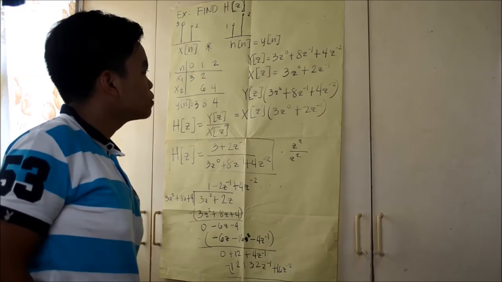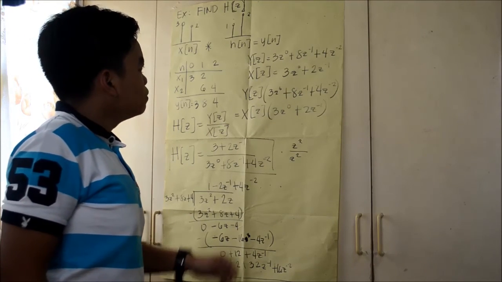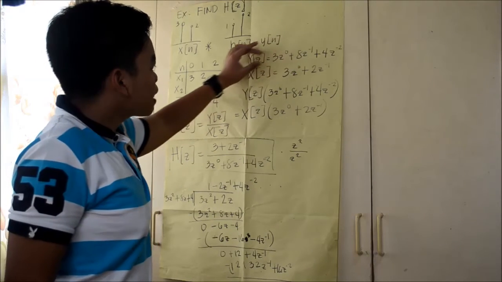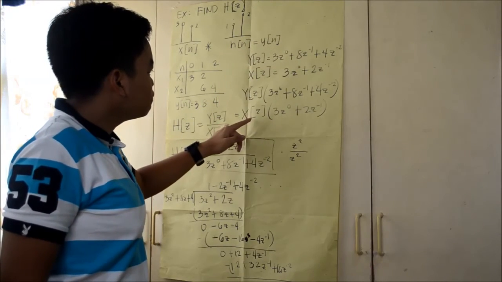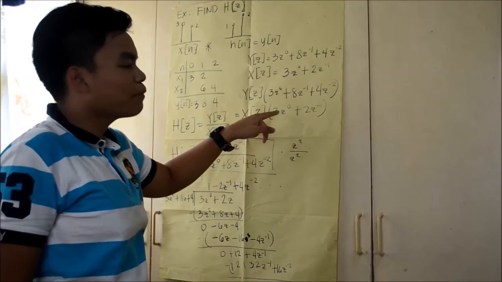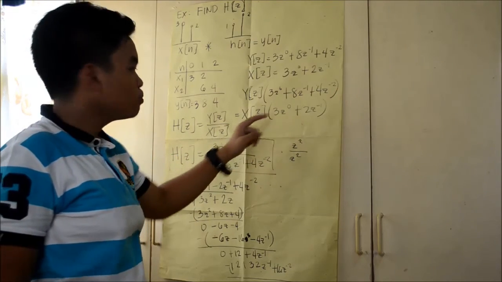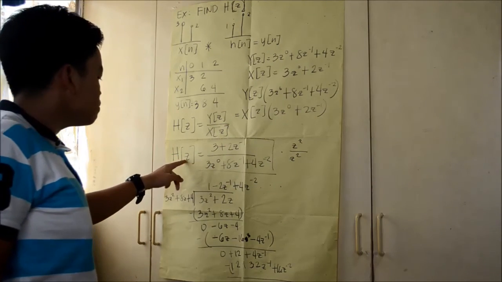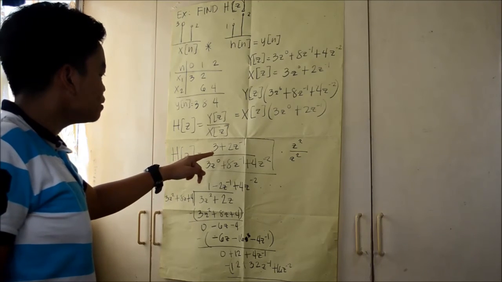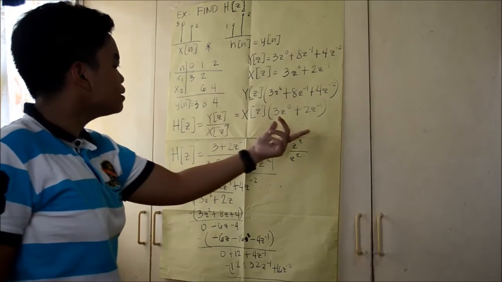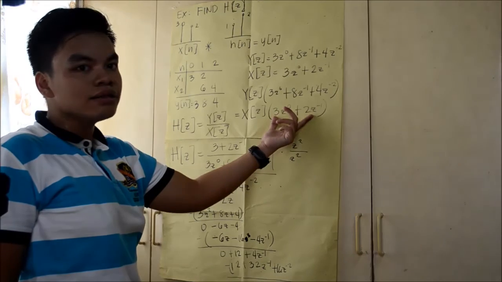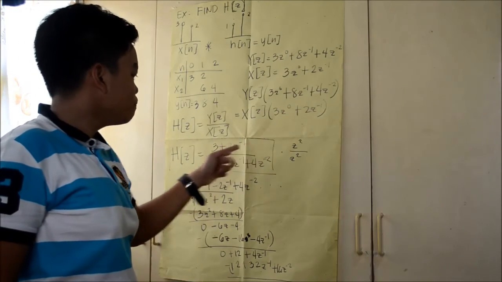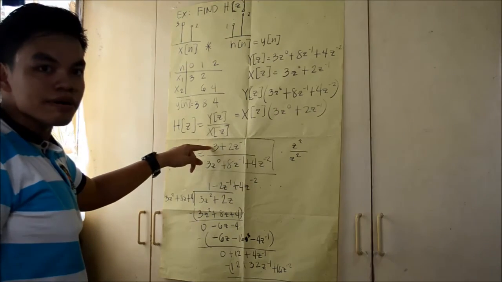Then this will become our output side, and X(z) will become our input side. And to get H(z), we will be having 3 plus 2z to the negative 1, which is our input side, and became our numerator.